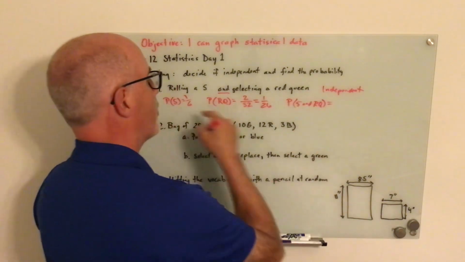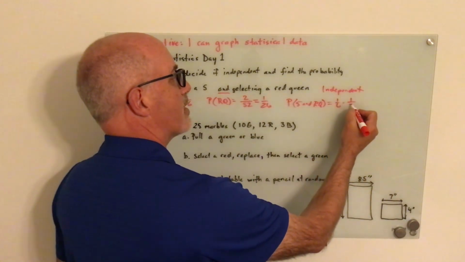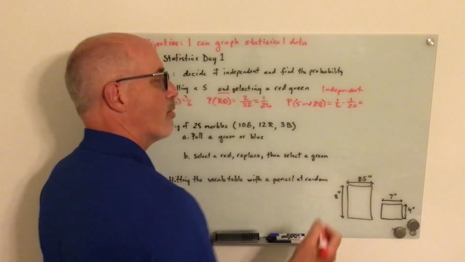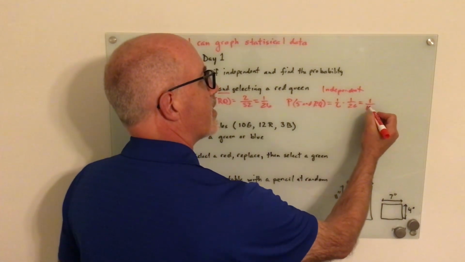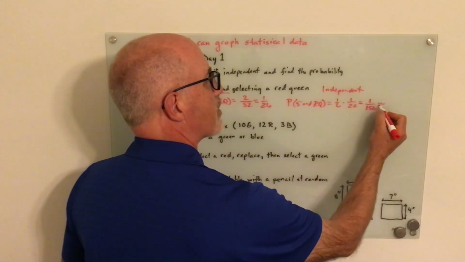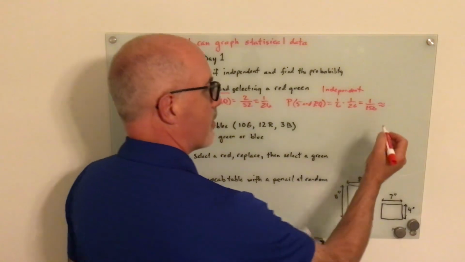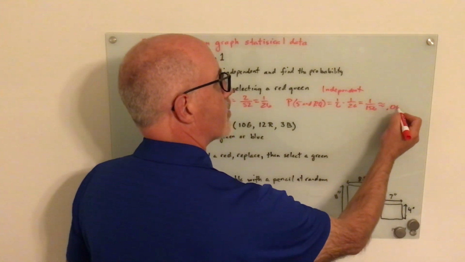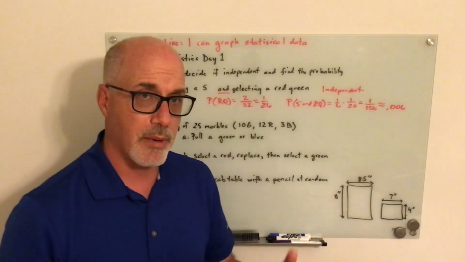That's going to equal 1/6 times 1 over 26 when they're independent. When we multiply those together, you get 1 over 156. You could list it as a fraction like that when we're doing probability. The decimal is about 0.006 for our probability. Okay, that's problem 1.